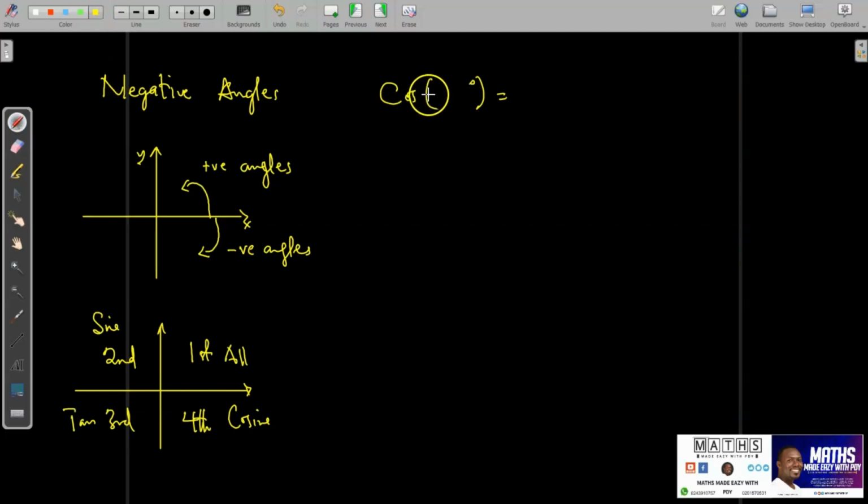If we have cos of negative 30 degrees, we should know its value. But what does negative 30 degrees refer to? If I represent this on the Cartesian plane, I read 30 degrees from the positive x-axis in the clockwise direction, then draw my terminal line. So our negative 30 degrees is represented within the fourth quadrant.